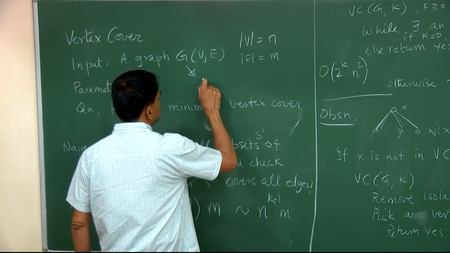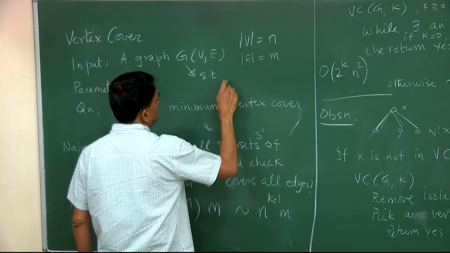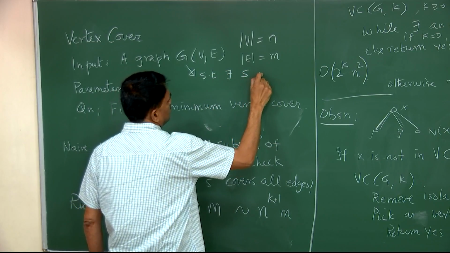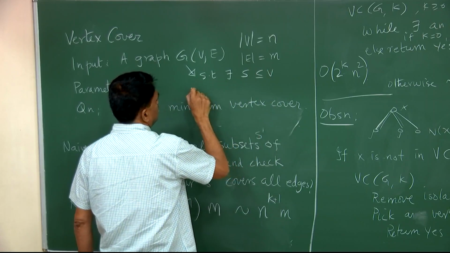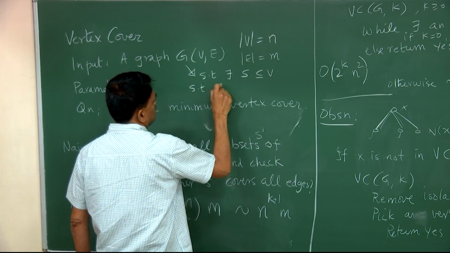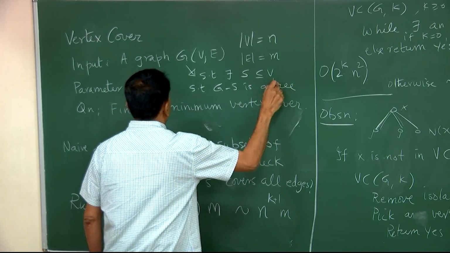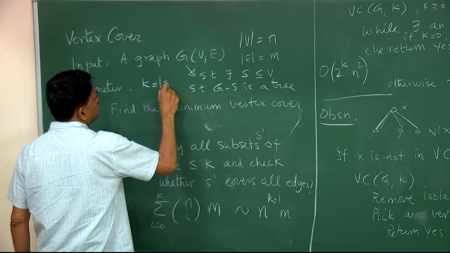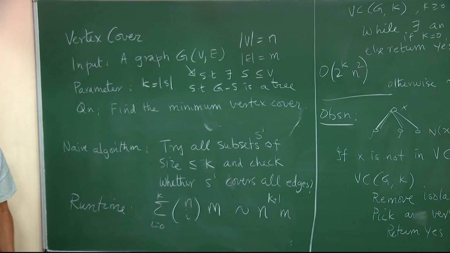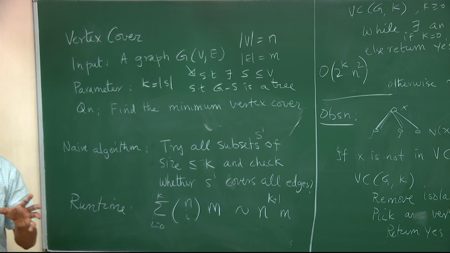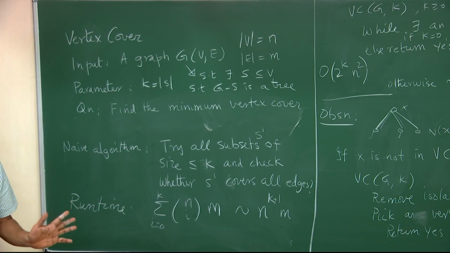Graph G such that there exists a set S, G minus S is a tree. And the size of that set is my parameter. So that means all I'm saying is my graph is k away from a tree.